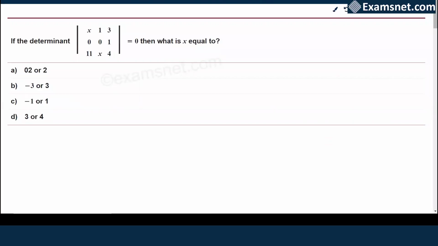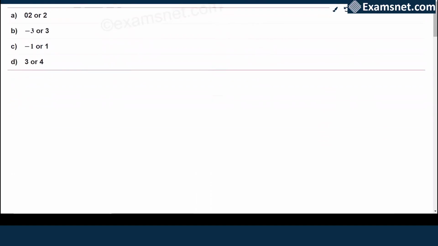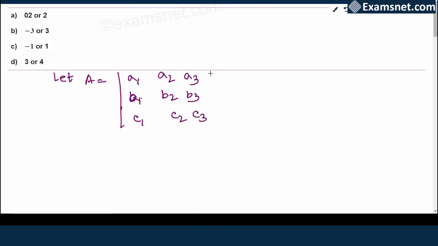In question number 33, it is given that if the determinant x 1 3, 0 0 1, 1 1 x 4 has the value 0, then what is the value for x? First, let's say A is a determinant with elements A1, A2, A3, B1, B2, B3, and C1, C2, C3.